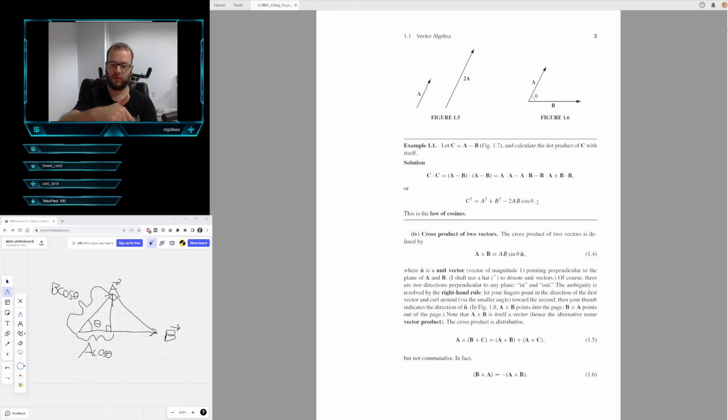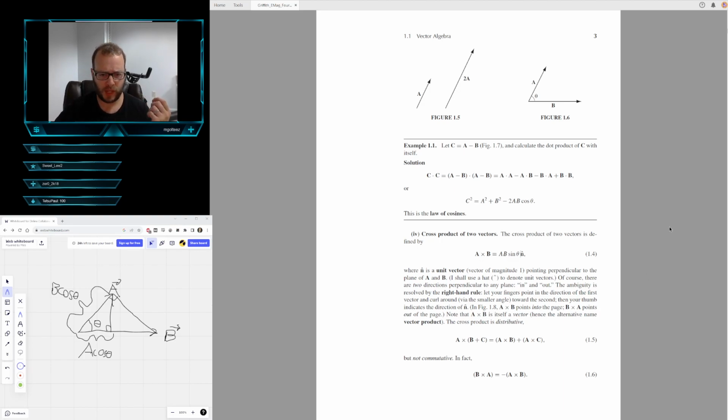You can cross those over and rotate them around, and your thumb is always going to be perpendicular to 1 and 2, to A and B. So this is known as the vector product. Dot product is also known as the scalar product because you get a scalar in the end. Cross product, you get a vector in the end.